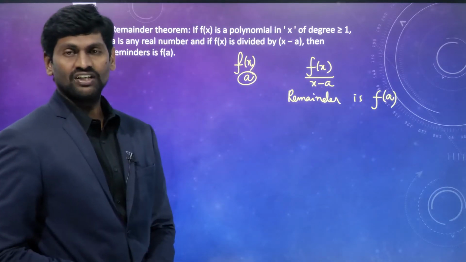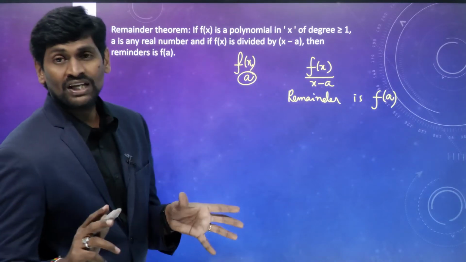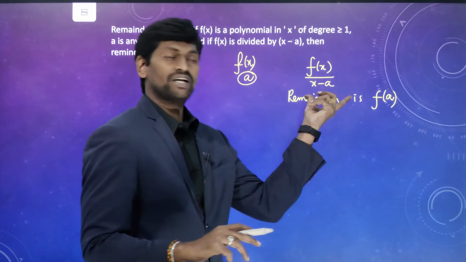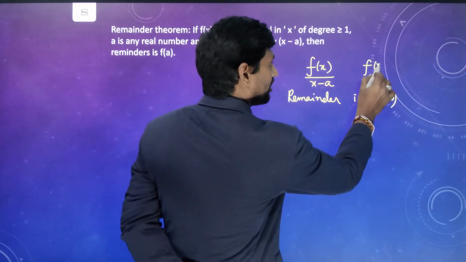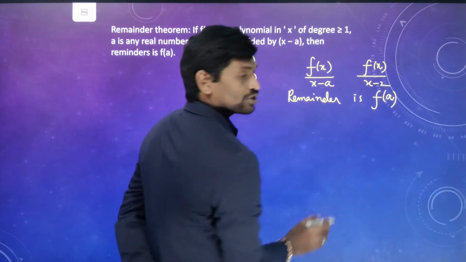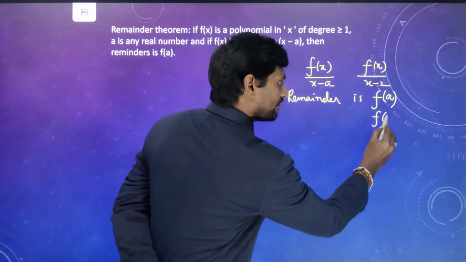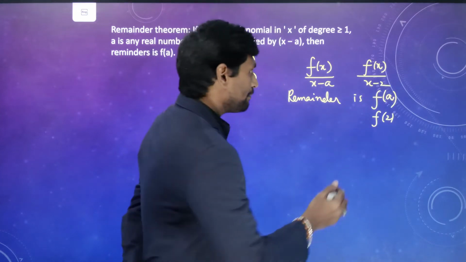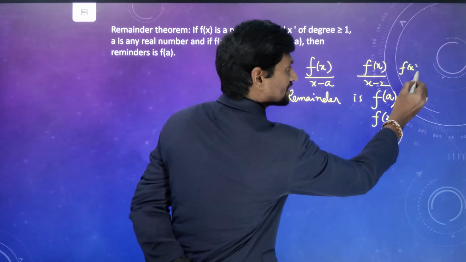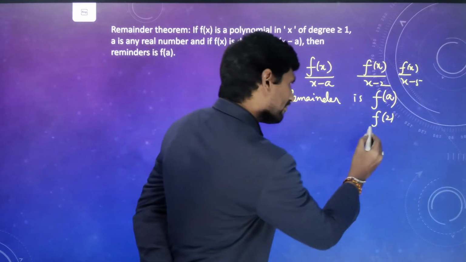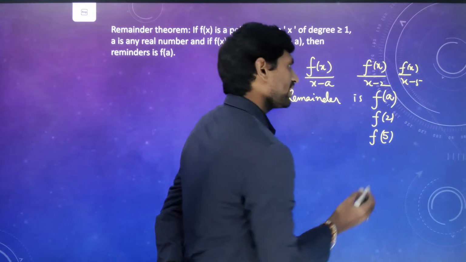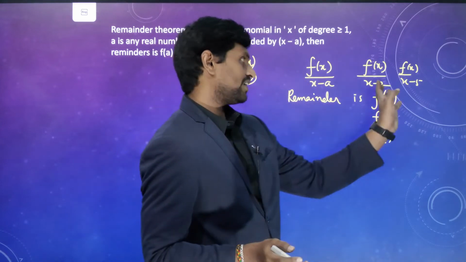The remainder is f of a. That means if a polynomial f of x is divided by x minus a, its remainder is f of a. If the polynomial is divided by x minus 2, the remainder is f of 2. In the same way, if divided by x minus 5, the remainder is f of 5.